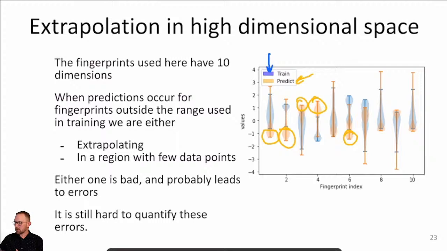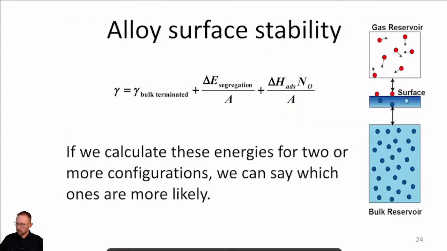And that is as clear as we can say about extrapolation in high dimensions. So we're either extrapolating or in a region where we don't have a lot of data, and either one of those is bad when it comes to making predictions. So you really want to make sure that the predictions you're making are within the space that you have trained in.